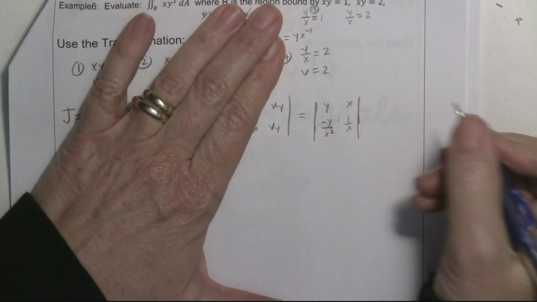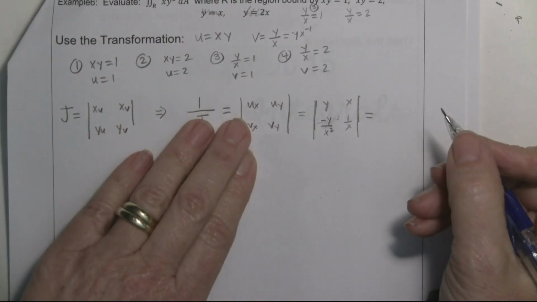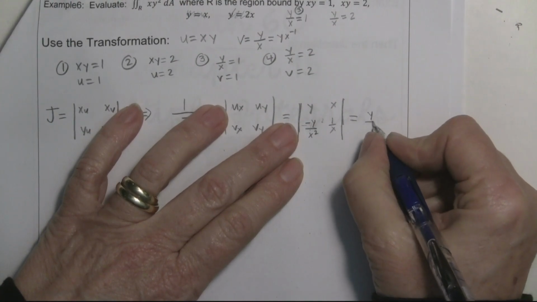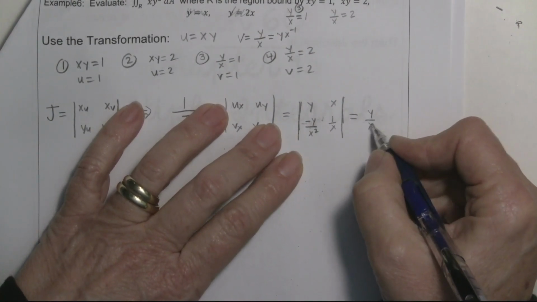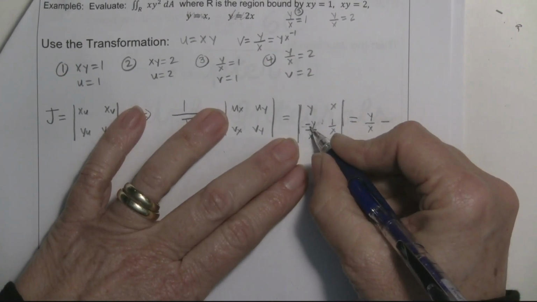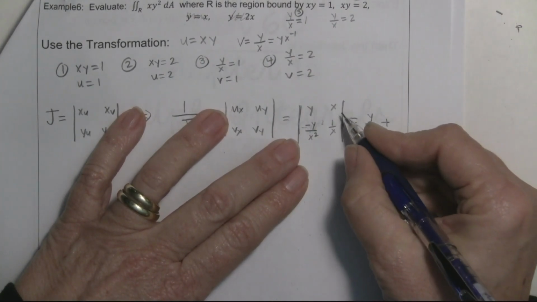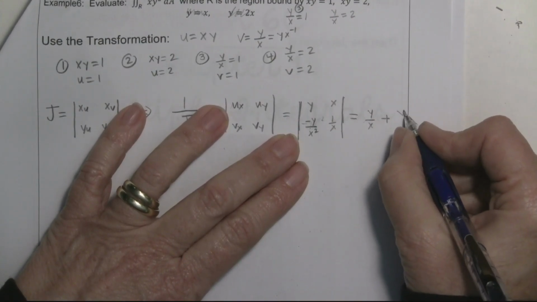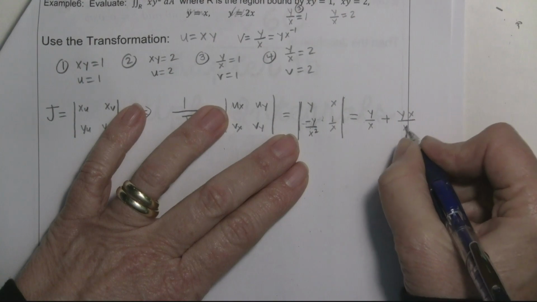Probably should have written that on my side piece of paper. And then crisscross applesauce, right? So when I multiply these together, I get y over x. And when I multiply these together, now don't forget it's subtract, and then it's a negative, so it's a plus. That is going to be yx over x squared.